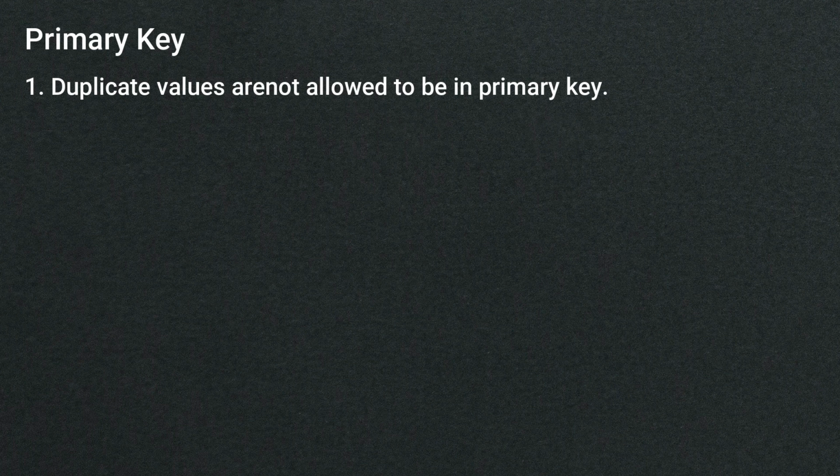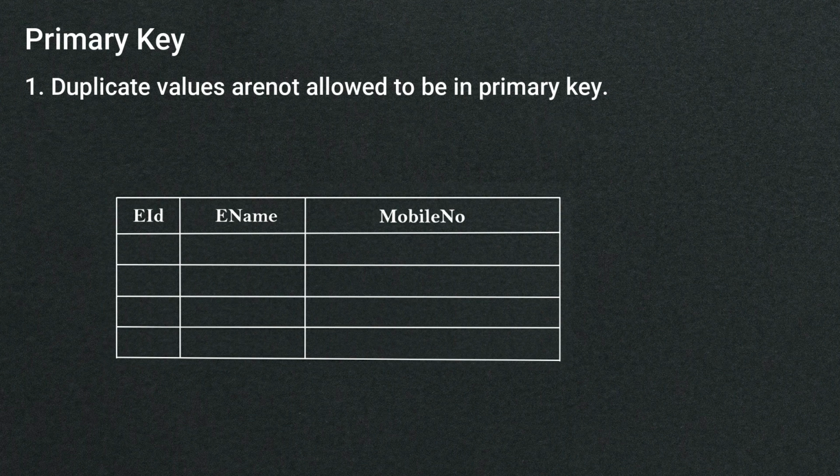However, I will explain here through a table. Here I took three columns: employee ID, employee name and mobile number. Right now there is no value in the table. It is completely empty, right? And here I use the employee ID column as a primary key constraint.